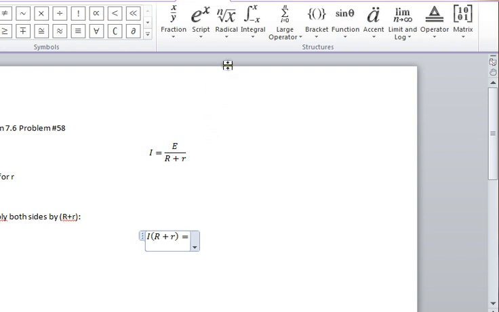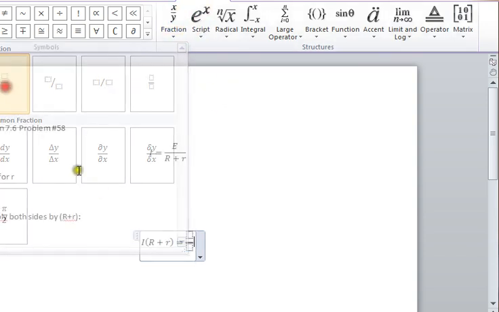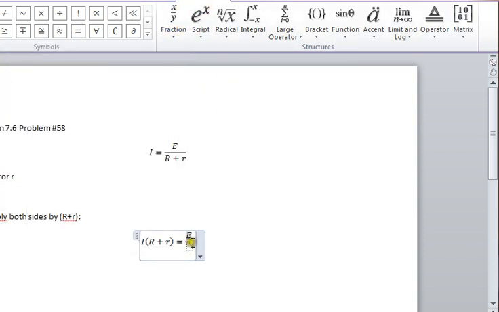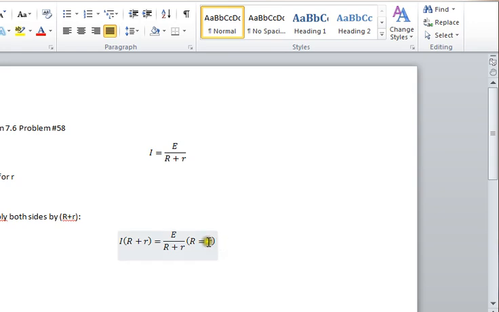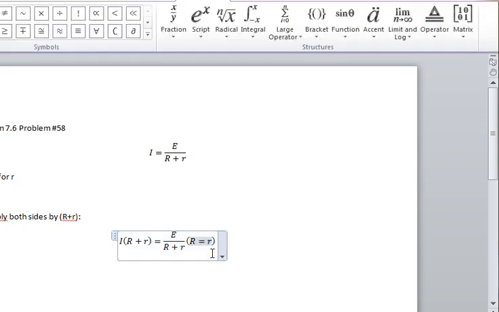On the other side, we have our fraction. And this whole fraction gets multiplied now by the same thing that we multiplied by on the other side, which is this capital R plus little r.